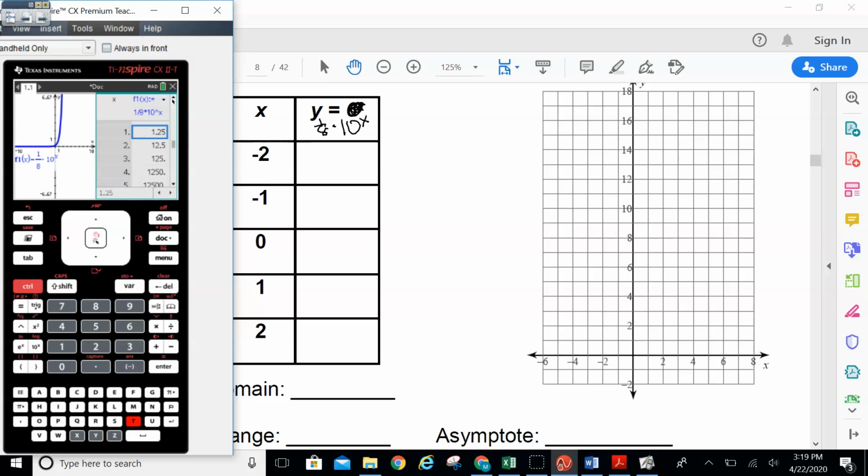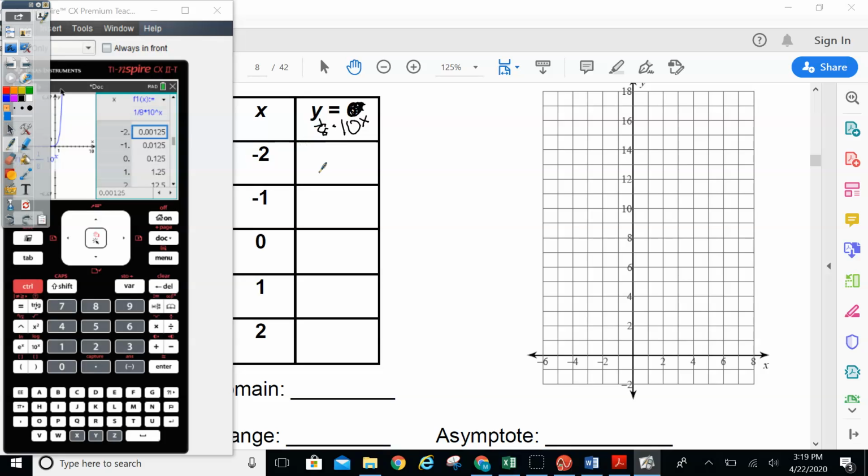So going to -2. Whoa, that's a small number. So here, 0.00125. Not going to fit that one. 0.0125.